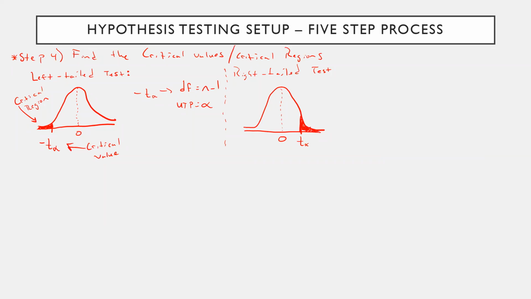And you're going to shade to the right here. So this is again my critical value, and this is my critical region. Again, for t of alpha here, degrees of freedom are n minus 1, and the upper tail probability is just alpha, whatever your level of significance was.